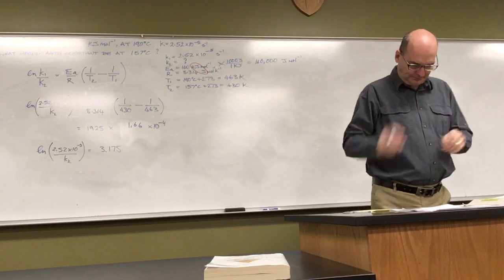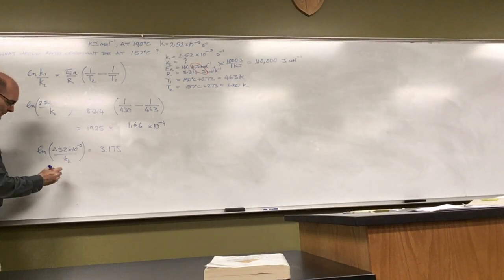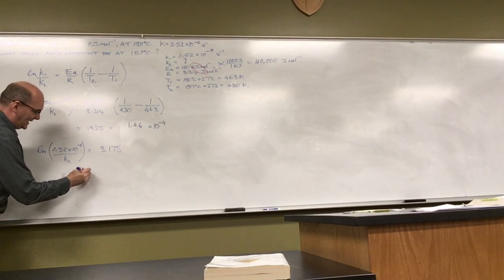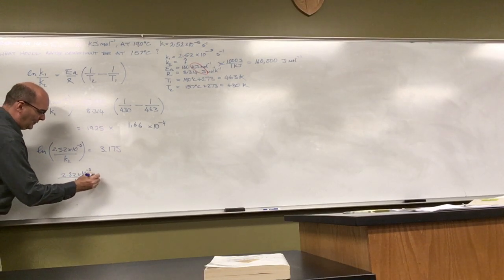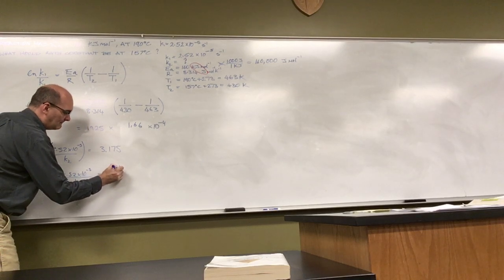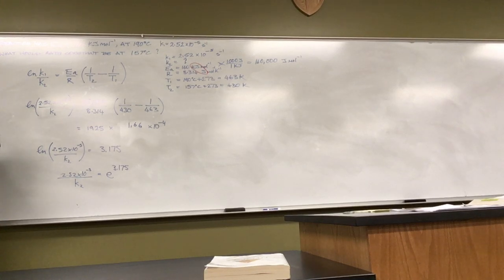Okay, let's take the log part away, which tells us that 2.52 times 10 to the negative 5 over K2 is equal to that value. I've made the log go away.